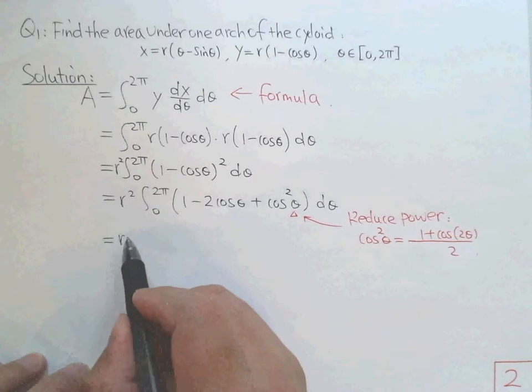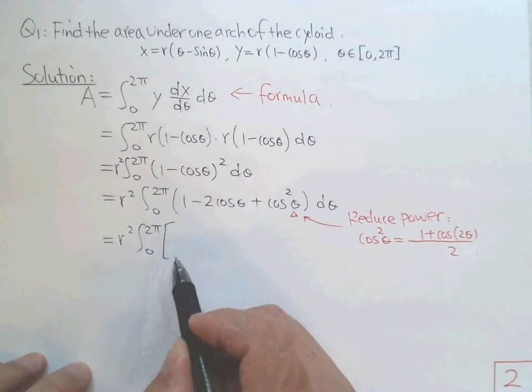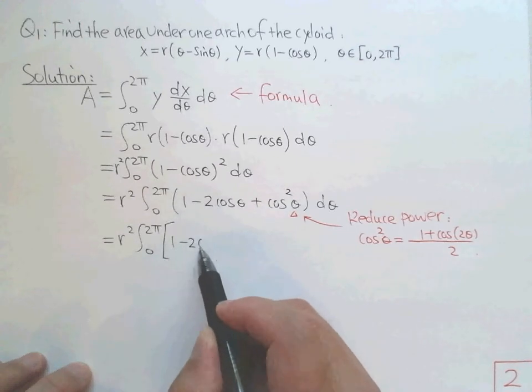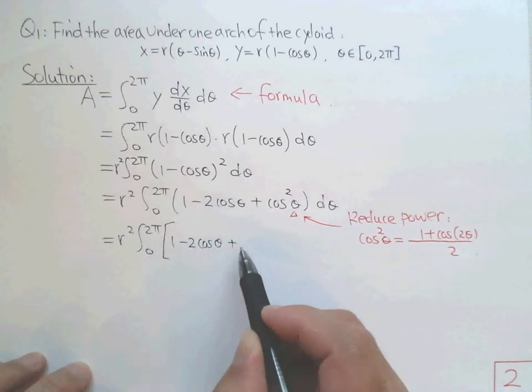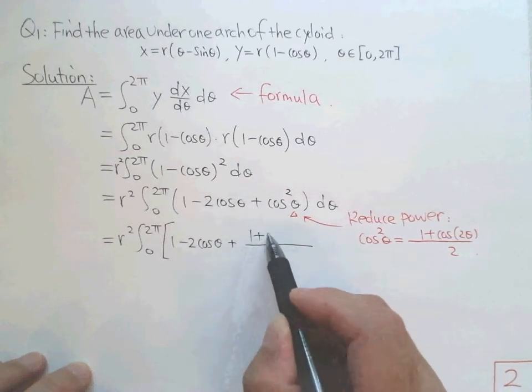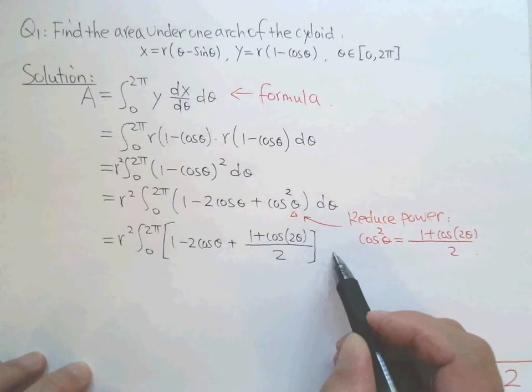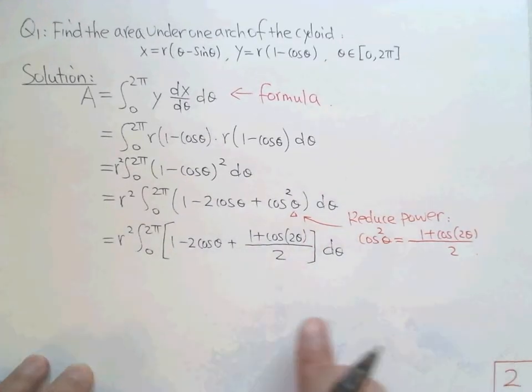Plug that in. We have r squared, from 0 to 2 pi, of 1 minus 2 cosine theta plus (1 plus cosine 2 theta) over 2, d theta.